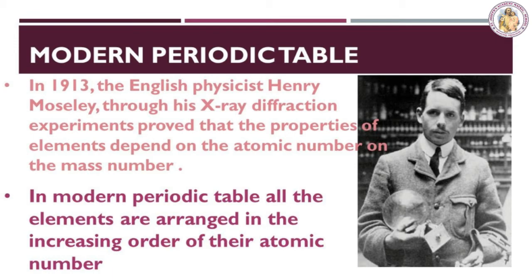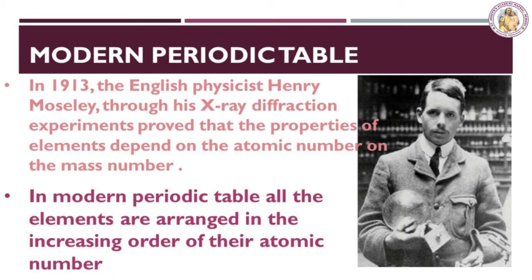So they brought in the modern periodic table. In 1913, the English physicist Henry Moseley, through his X-ray diffraction experiments, proved that properties of elements depend on the atomic number and not on the atomic mass.